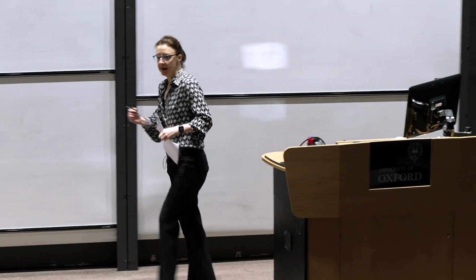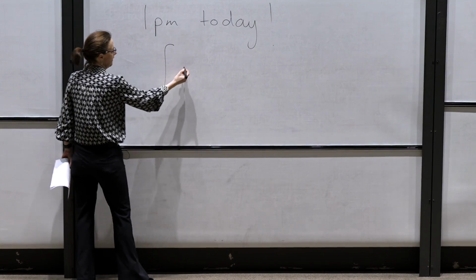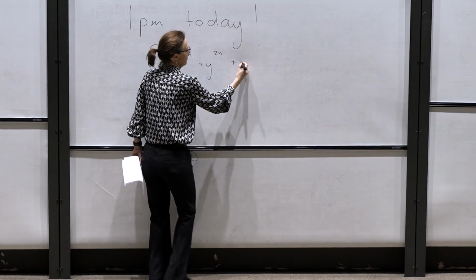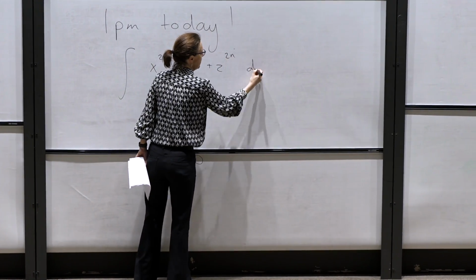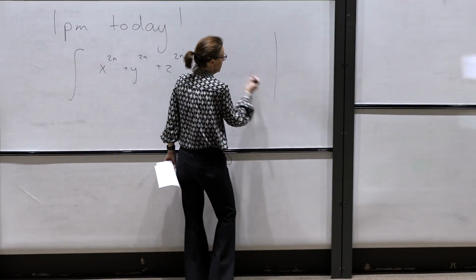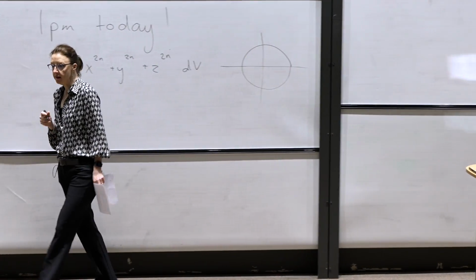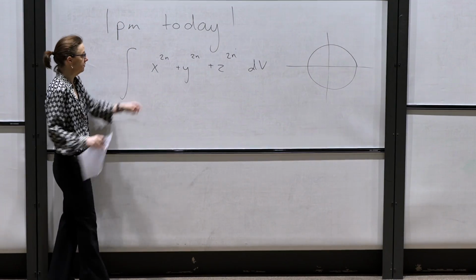At the end of the last lecture, we were talking about how, if you want to integrate something that looks like x to the 2n plus y to the 2n plus z to the 2n dV over a spherical domain, which in this case we thought about as being a sphere, then you can split this up into three integrals.